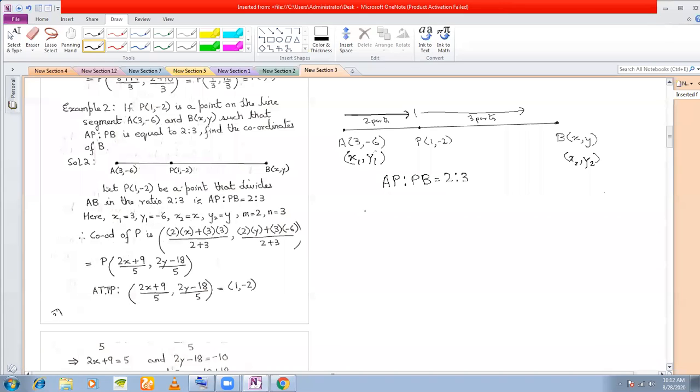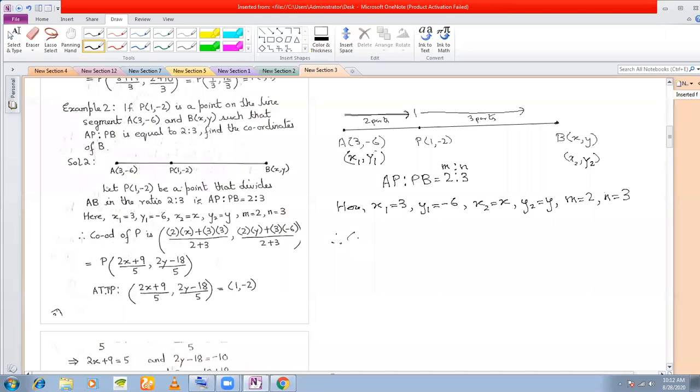Here you have x1 is equal to 3, y1 is equal to minus 6, x2 is equal to x, y2 is equal to y. This is our ratio m is to n, so m here is 2 and n here is 3.